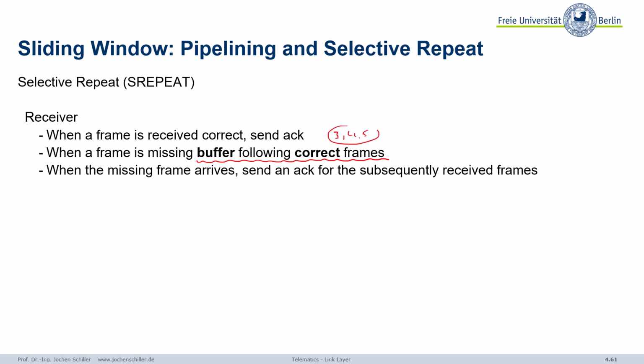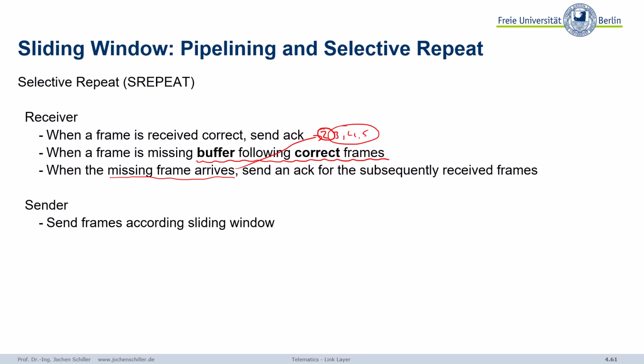Then maybe let's buffer them. Because we hope that maybe sooner or later, because we do not send an ACK back, the missing frame will arrive. And then I squeeze it in and say, 2 is here. And I can now forward everything to the higher layers.